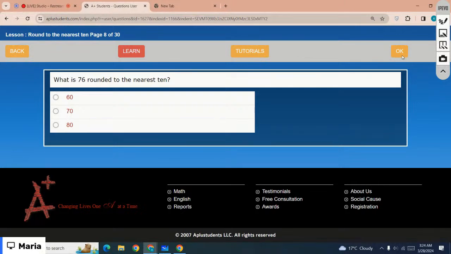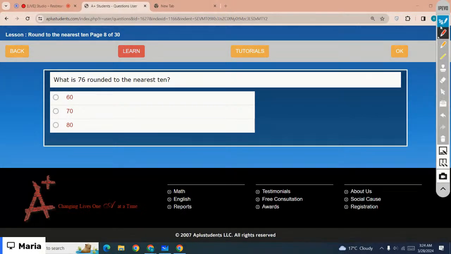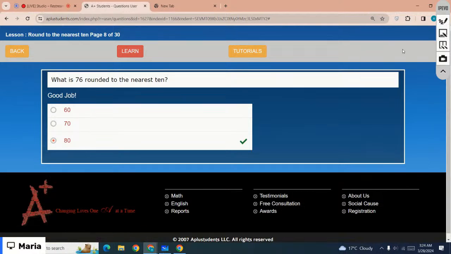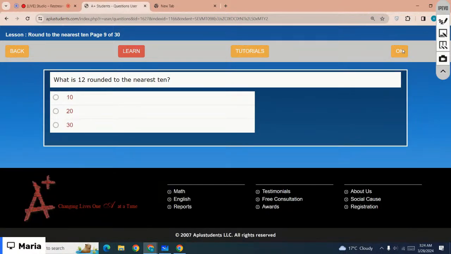So you have to round up. Just look at here. 76. This is the digit that is at the 10th position, and 6 is greater than 5. So you have to round up, add 1 to the 10th digit, and replace the other digit with 0. So 76 is rounded to 80. The correct option is 80, right? What is 12 rounded to the nearest 10?